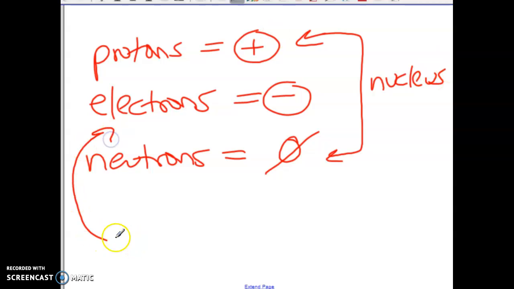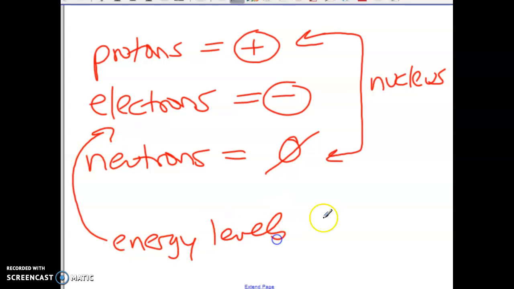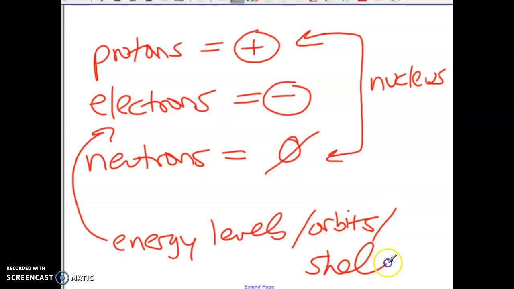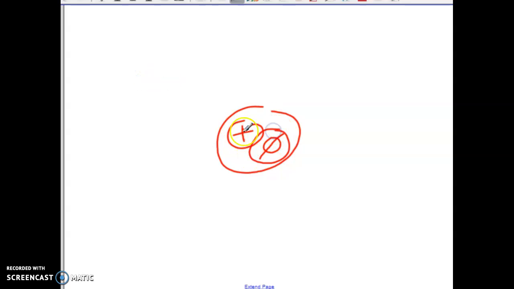And electrons, we now know, are in energy levels or orbits or shells, whatever you want to call them, but they are around the nucleus. So essentially we now have protons and neutrons in the middle, and our little negative electrons on the outside.